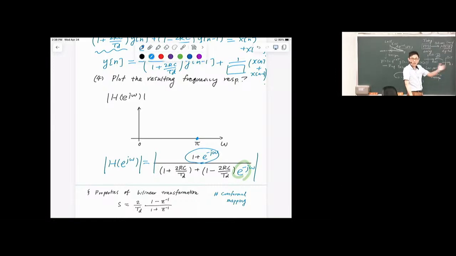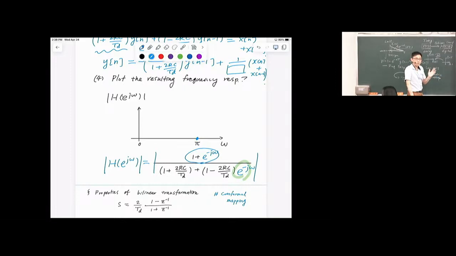You can make that replacement of s equals 2 divided by T_d times something like that, s equals s of z, plug that in, and after a few steps you get a difference equation. But even to talk about frequency response, we need some extra knowledge.